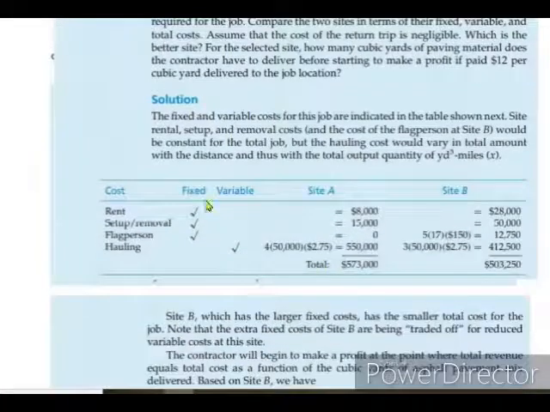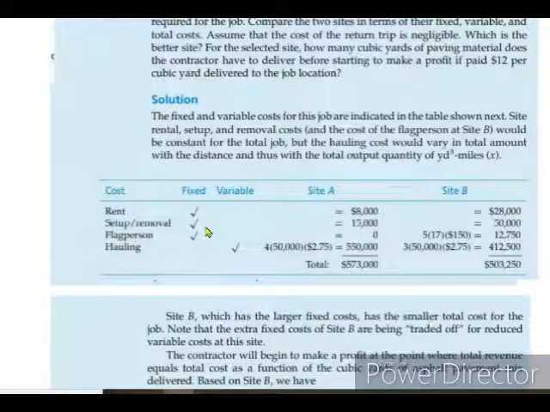Then the solution is the fixed and the variable cost for this job are indicated in this table. Okay, so the site rental, setup, removal cost, and the cost of the flag person at site B would be constant for the total job. Okay, so those are the constant, but the hauling costs would vary in total amount with the distance, because it is based on the distance, and thus with the total output quantity of cubic yards per miles. Okay, so here are the costs.